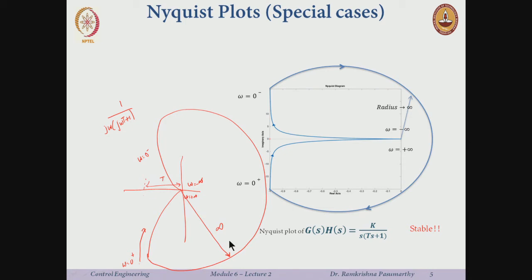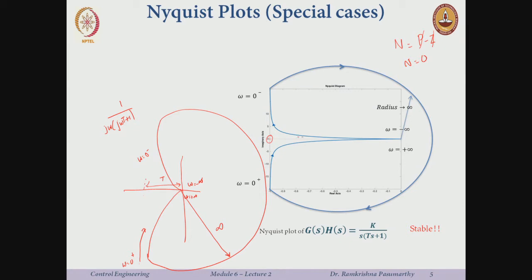I am just drawing it very approximately, but you could look at it this way. Now the question is, is this system stable? Well, stability is about encirclements of the -1 plus j0 point. Where is the -1 plus j0? It is somewhere here. This is the point of interest. The number of encirclements is N equal to P minus Z. P is 0, Z should be 0, therefore the number of encirclements should be 0.